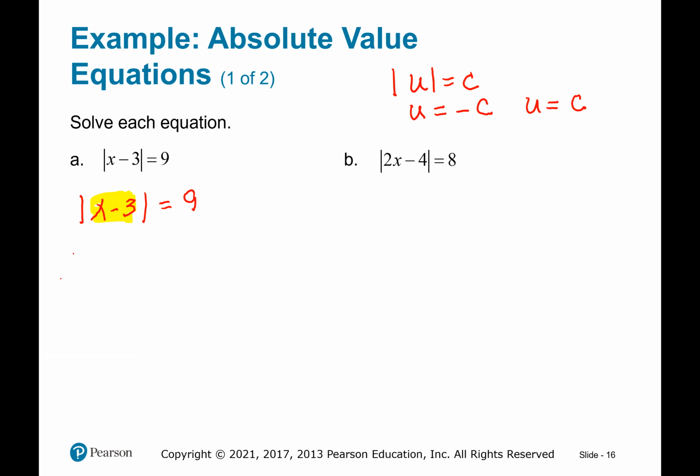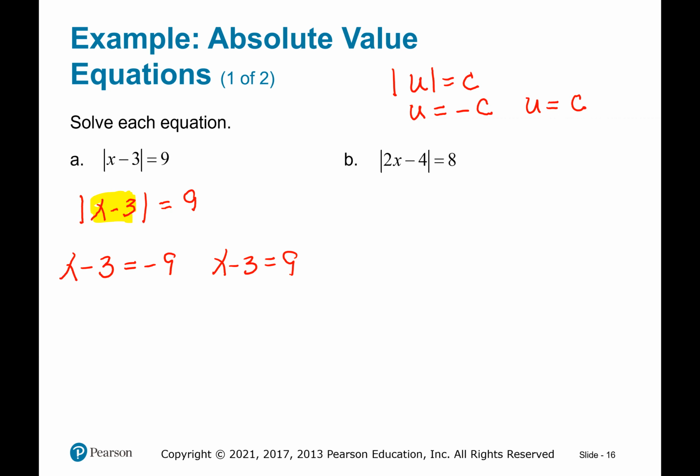So the x minus 3 could be -9, and you take the x minus 3 and you set it equal to +9. You solve the resulting equations.